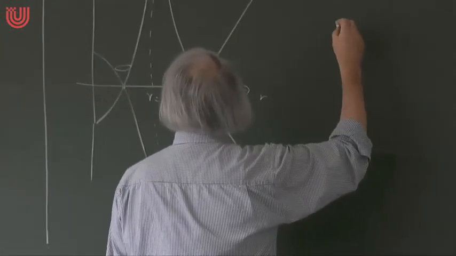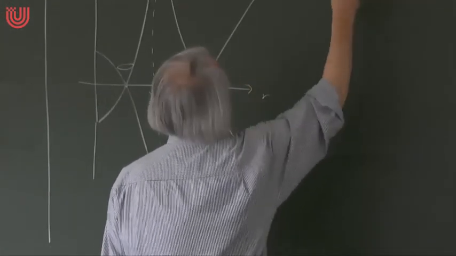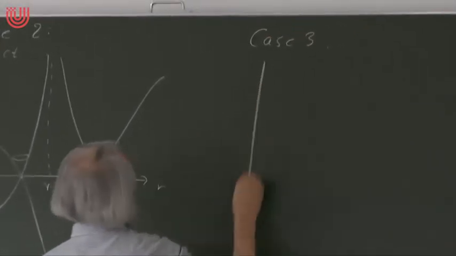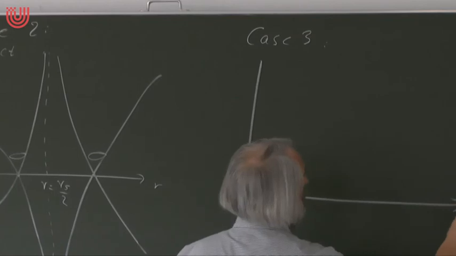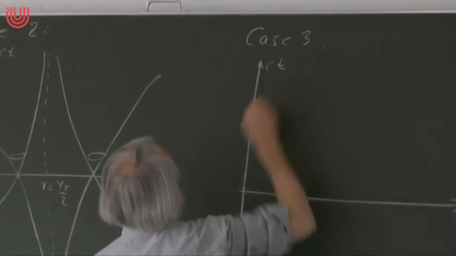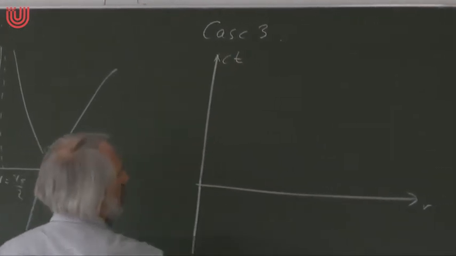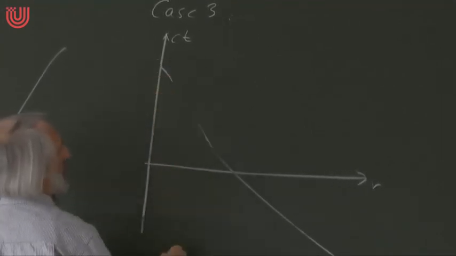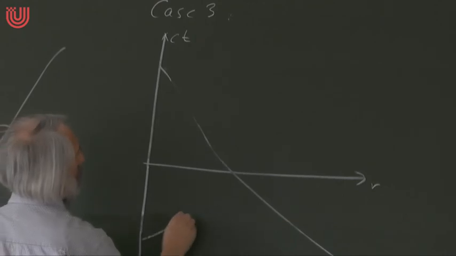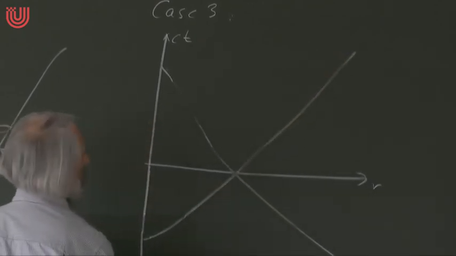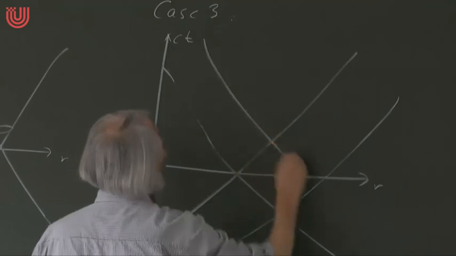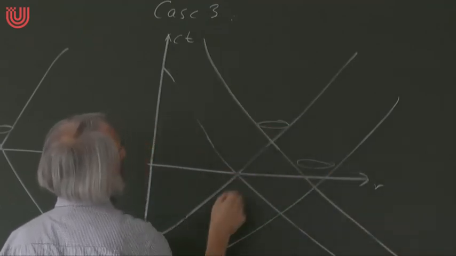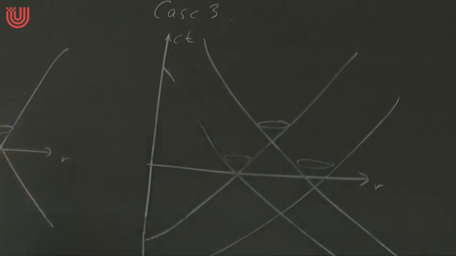And if you have case 3, then actually the horizons are gone. There's no horizon. This means you come in from infinity and you reach the singularity at a finite value. Let me draw 2 or 3 light cones. You see the light cone is always here. So space-time is static.